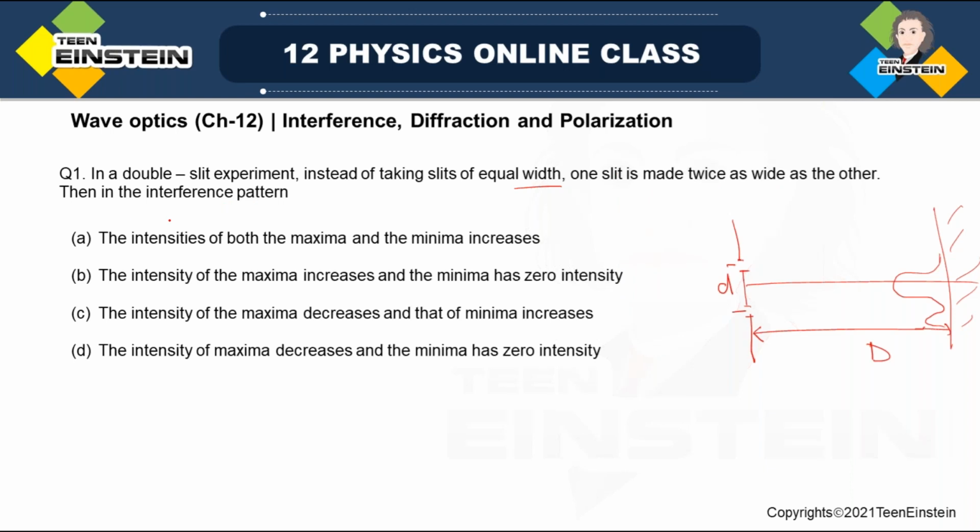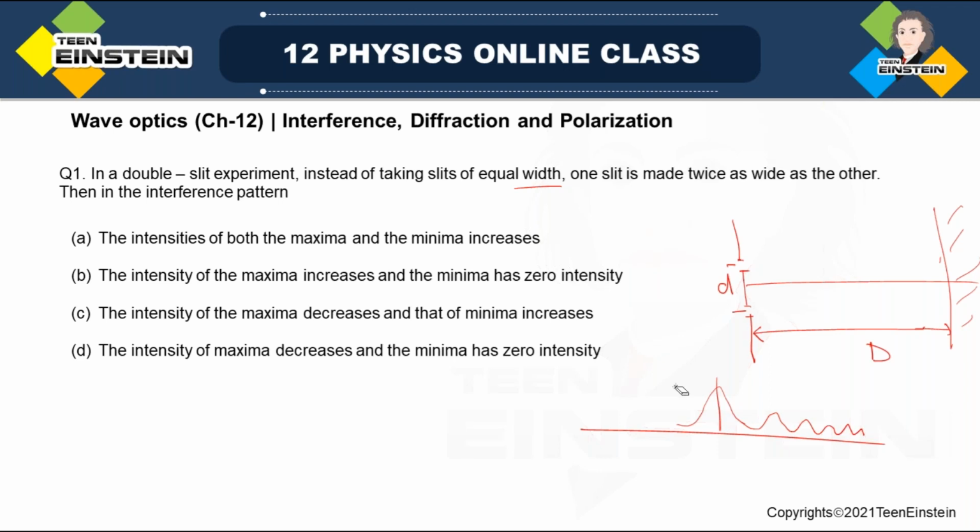Then how will the intensity pattern in this interference change? Generally we know the central maxima. If I just draw here, it used to be like this.